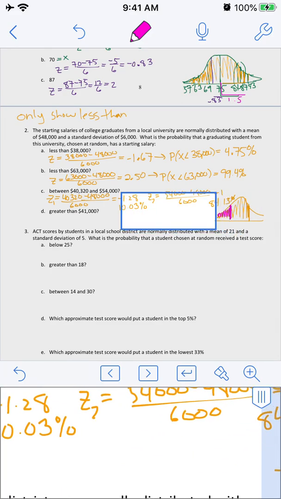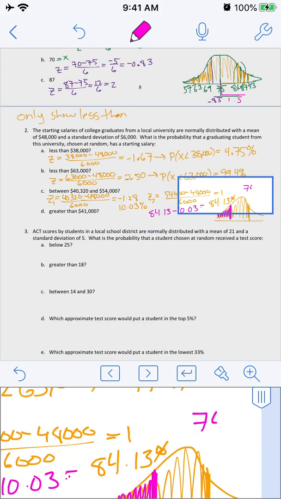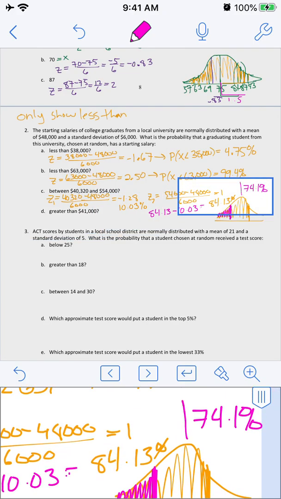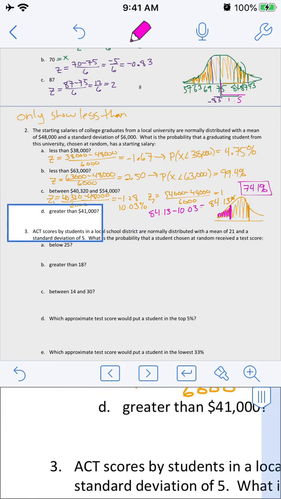So basically, I'm going to do 84.13 minus 10.03, and we get that the yellow only zone is 74.1%. And those are the people in between. So while z-score is fabulous for less than, we do need to adjust it a little bit for anything that's not just less than.